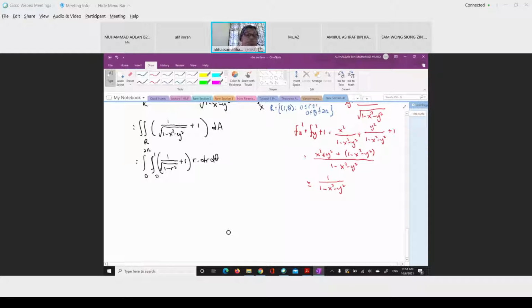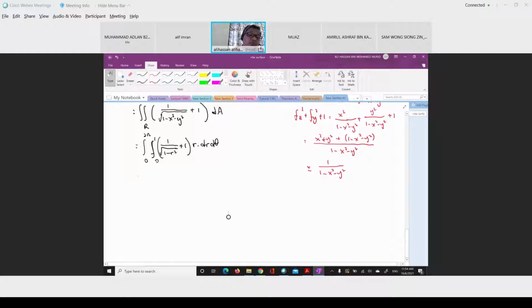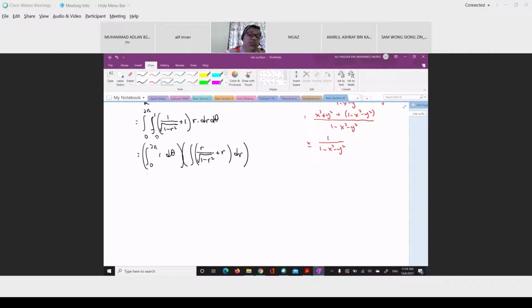I can again write this as a product of two integrals because the limits are numbers, and the integrand is a product of a function of r and a function of theta. So the first integral is clearly 2 pi. The integral of r is from 0 up to 1.